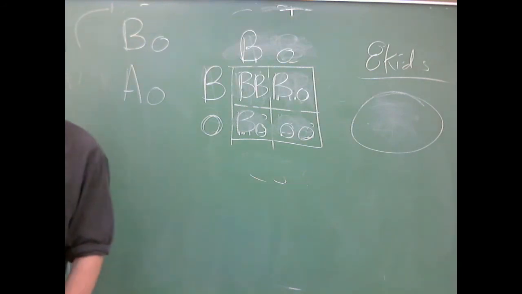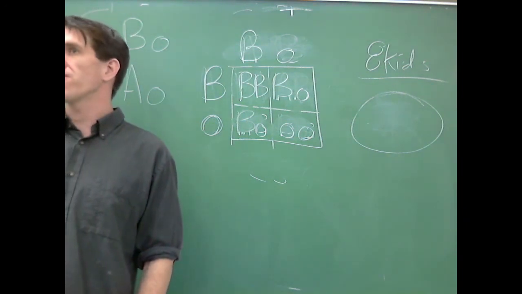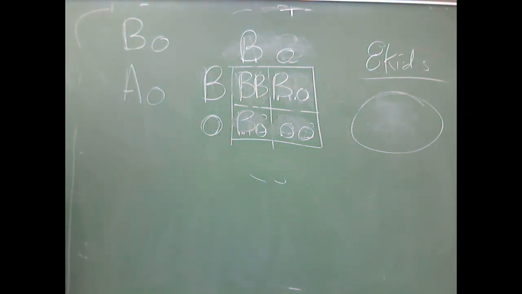So, if both parents had O, all the kids have O. Correct. If both parents have type O blood, and I put an asterisk next to that, let me say it this way: if both parents had 2 O alleles, then yes, it's not in the cards, so to speak.